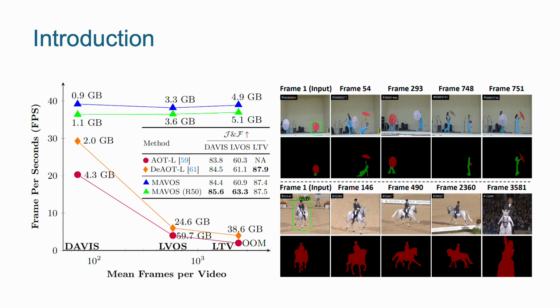In contrast, our method maintains consistent speed without GPU memory issues and no significant performance degradation in both short and long videos. FPS is measured using V100 GPU. On the right, we can see our results on long videos from LVOS and LTV datasets showcasing robust performance with more than 120 seconds for LVOS and more than 3,500 frames for LTV dataset.